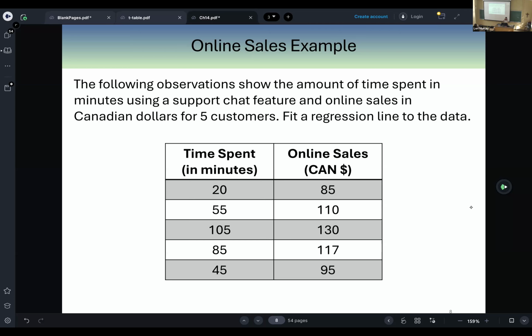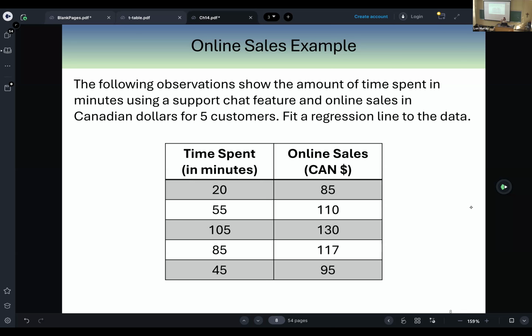Now you have the company, you're the data analyst. Which one would be the explanatory variable and which one would you use for the response variable? Remember, what are we most interested in knowing?